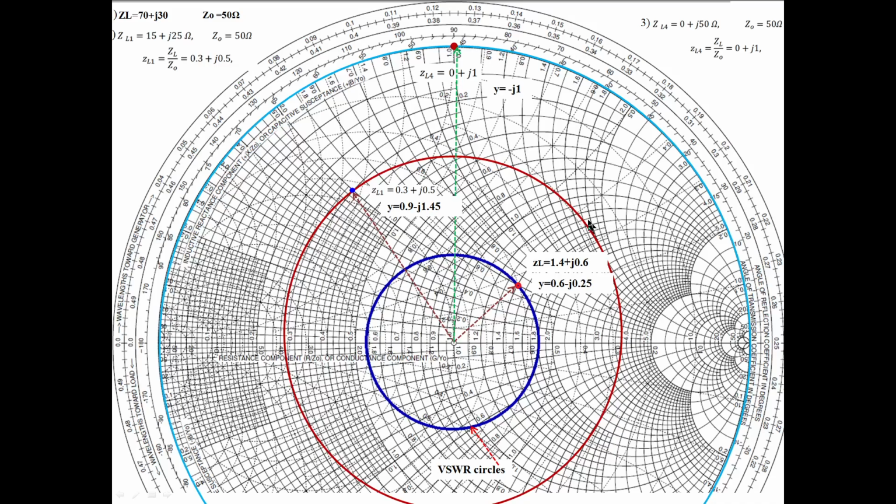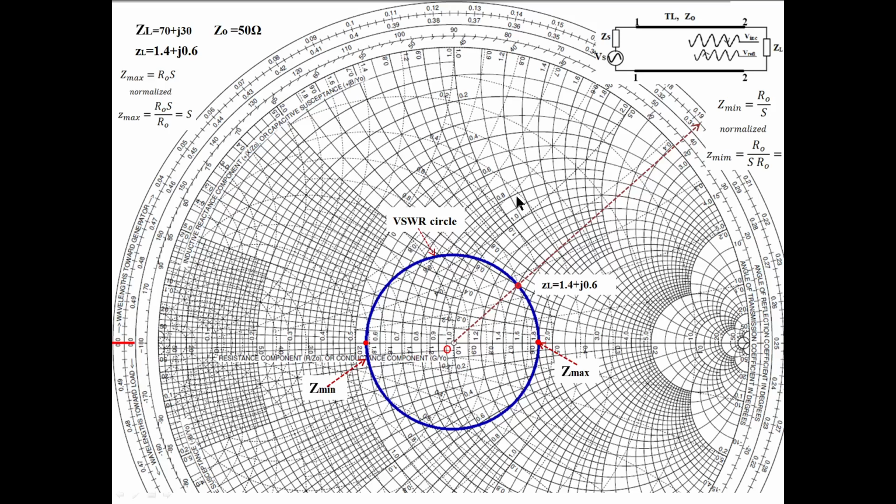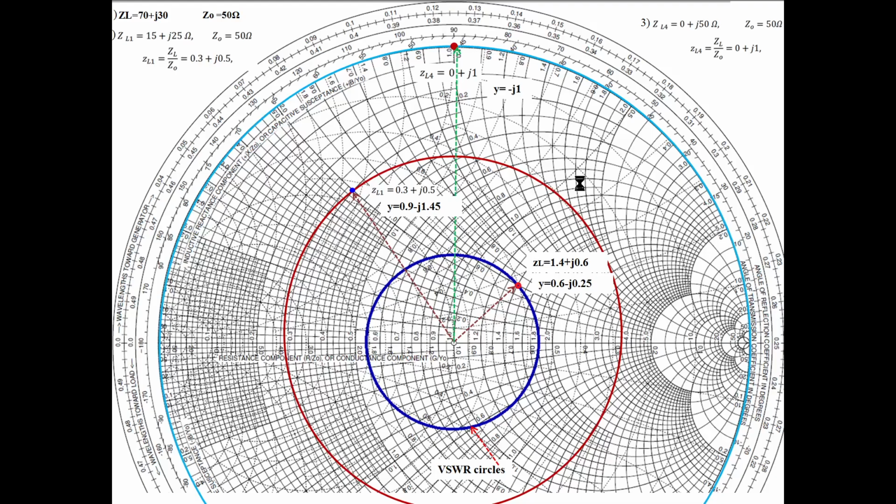Once we draw the VSWR circle, we can analyze the other parameters, as we were discussing in the earlier class. I think you understood now how to mark the load and how to draw the VSWR circles.